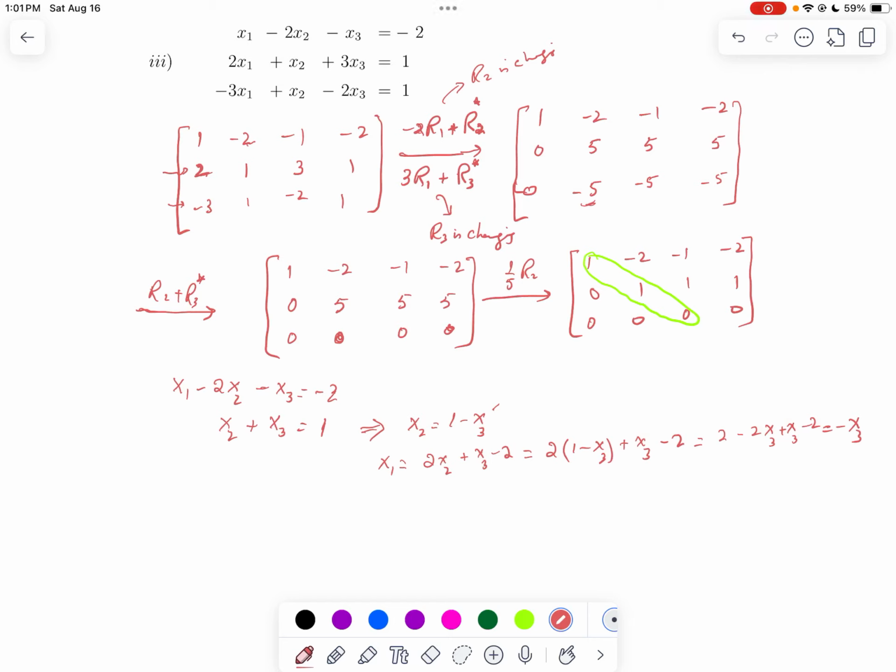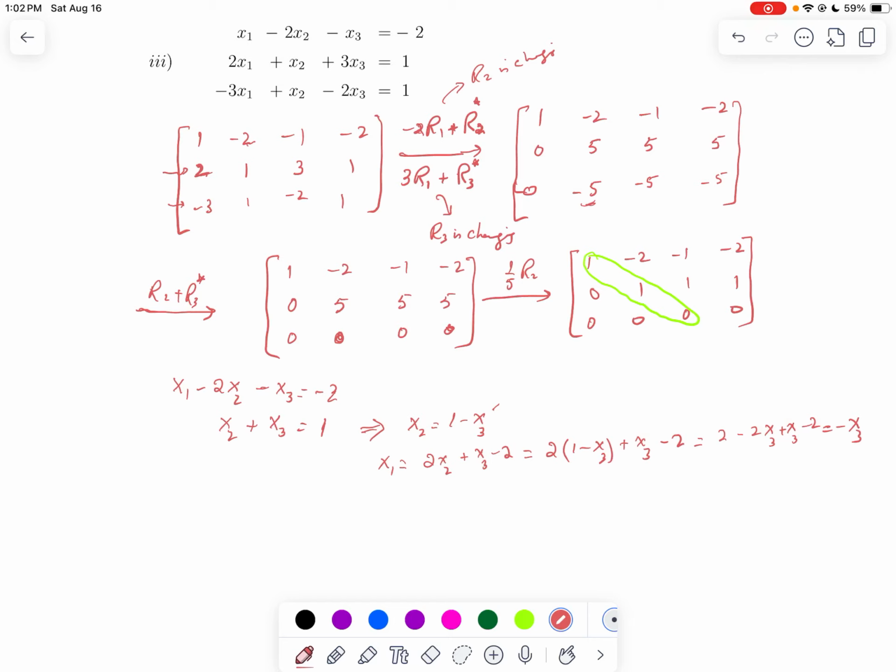So what did we notice? Well, it means x1 and x2 depend on x3. And what we do now, we say that x3 is a free variable because it has no restrictions.